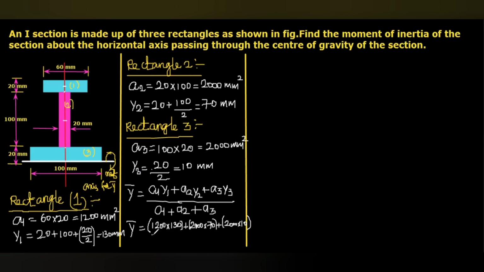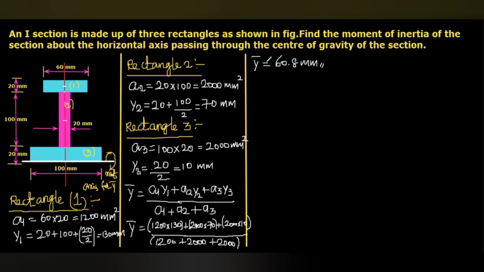The whole divided by a1 plus a2 plus a3: 1200 plus 2000, that is a2, plus 2000 again for a3. Then by simplification, we get the y bar value equal to 60.8 mm. Okay, so now we have calculated the value of y bar.